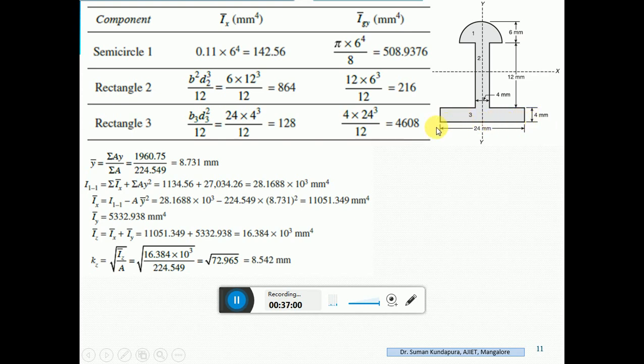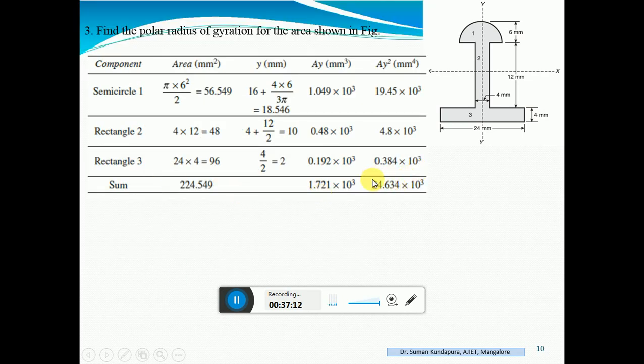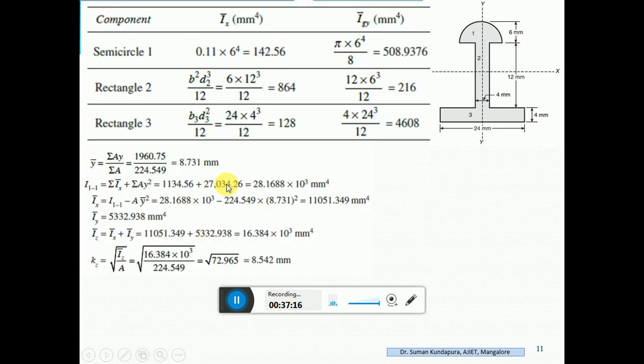You please mark here 1 reference axis. So I11 is equal to summation Ix bar, this value summed up, plus summation ay squared. Summation ay squared is nothing but 24.634 into 10 raised to 3. So finally you get I11.